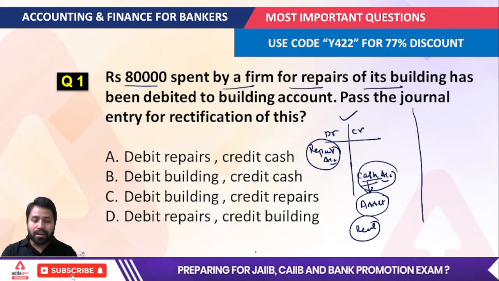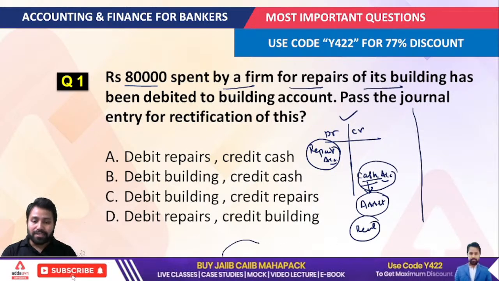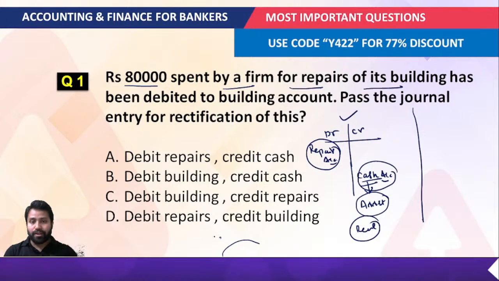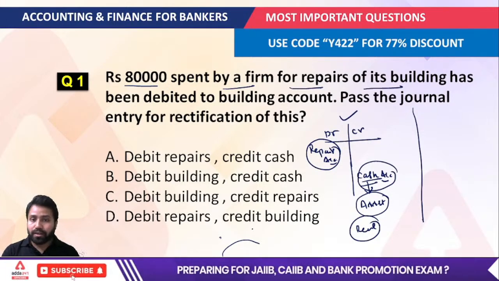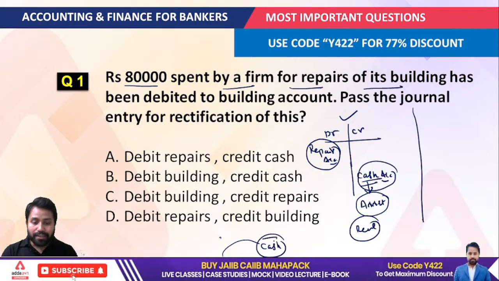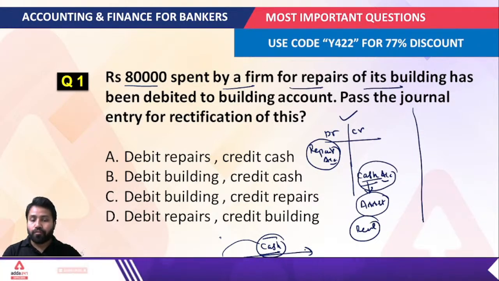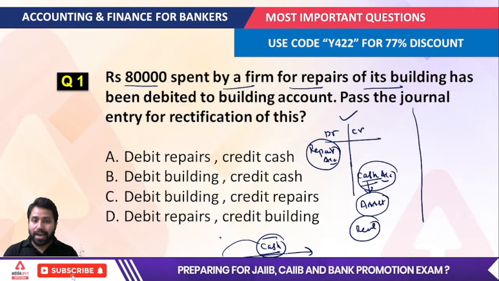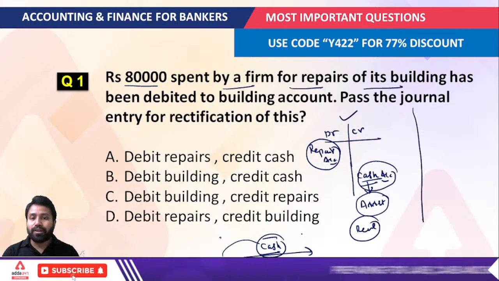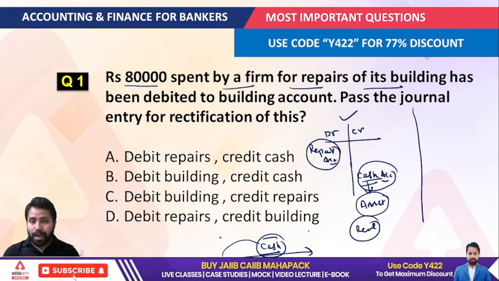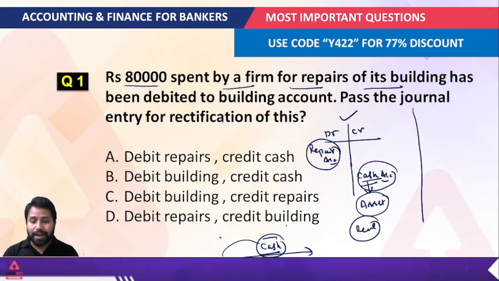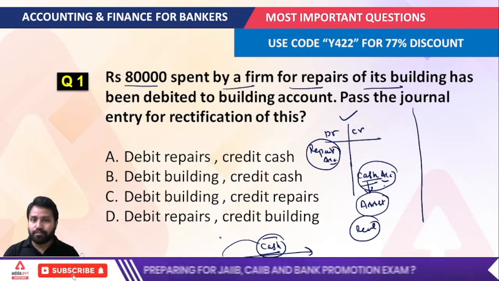If you incur expenses for the company, cash is going out from your business. Whenever cash is going out, remember: debit what comes in, credit what goes out. That means the cash account should be credited in this case.